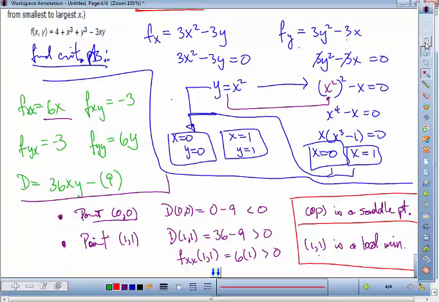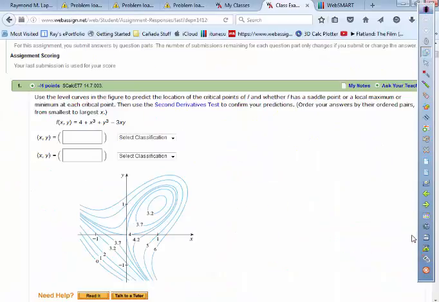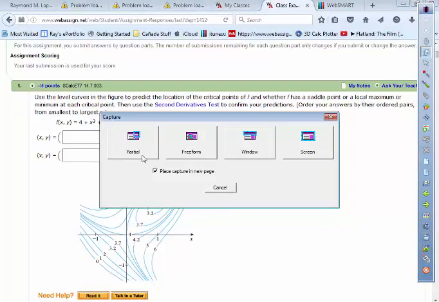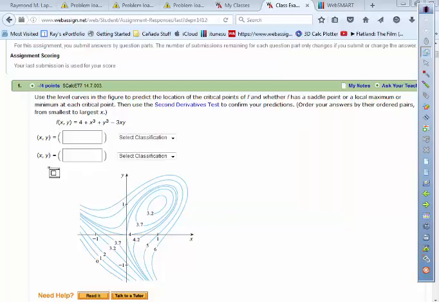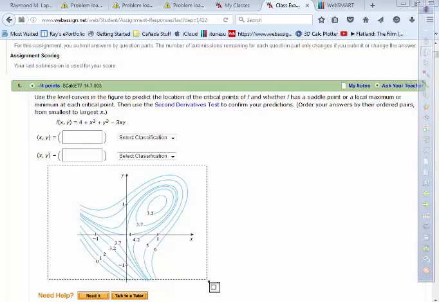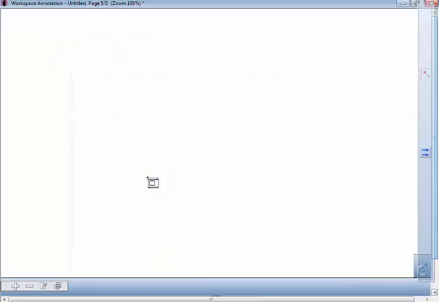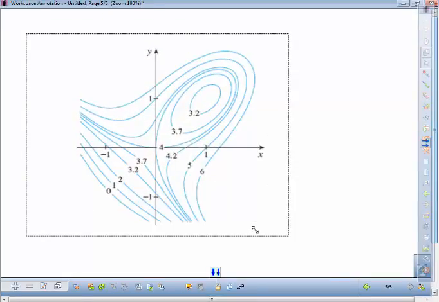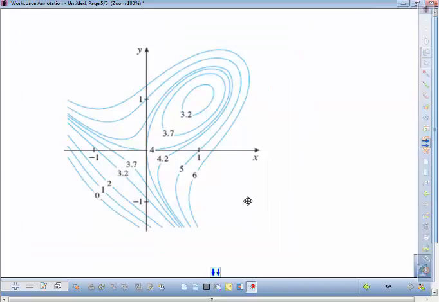So let's actually take a look at the level curves and see how our results worked out. Here, the level curves are nice because they give us information, by that I mean the levels, the heights.